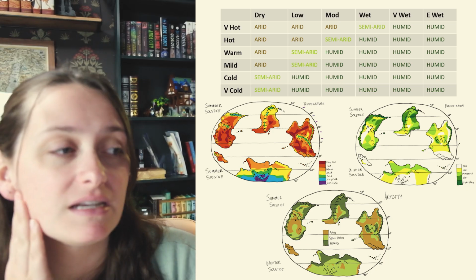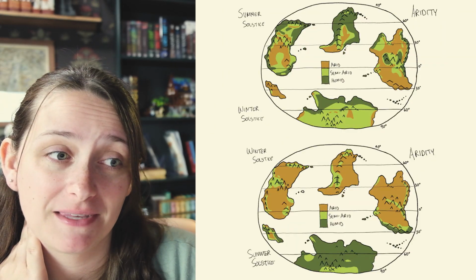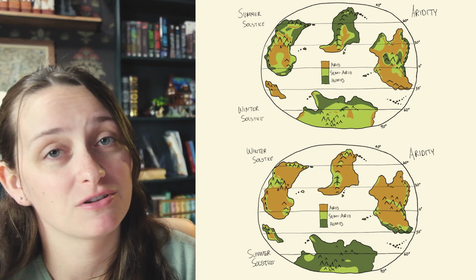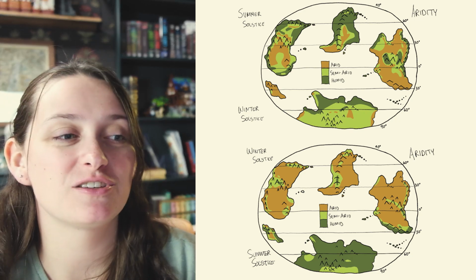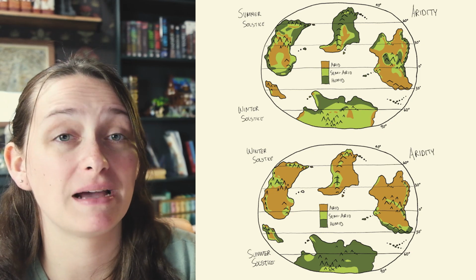But you can see my aridity map at the bottom for summer, and then here are my 2 complete aridity maps. And you can see, again, in the winter solstice on the northern hemisphere, it is pretty arid, which is not super surprising, but I thought that was interesting with how I selected my land masses.